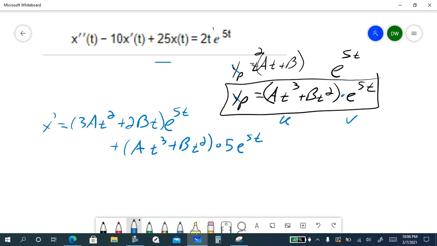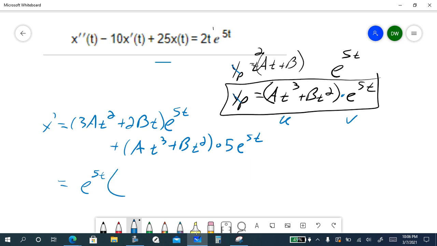And then our second derivative is the derivative of this. It would probably be best to simplify the first derivative. Both of those have an e to the 5t, so let's factor out e to the 5t.